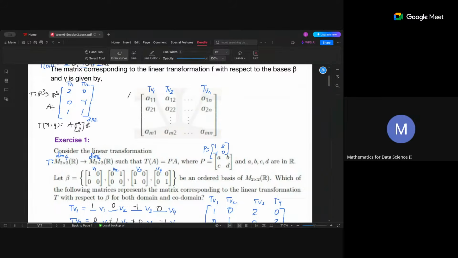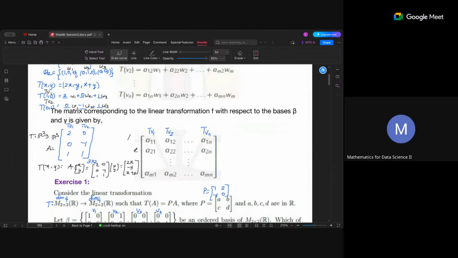Try it and tell me right now. 2x, minus y, x plus y. This is the exact same transformation we are having.